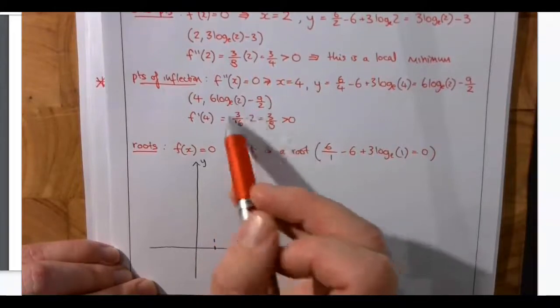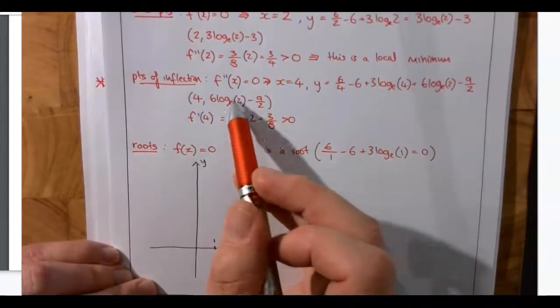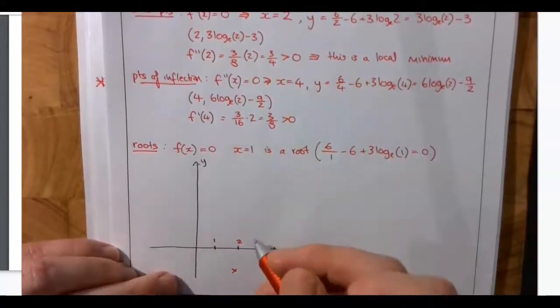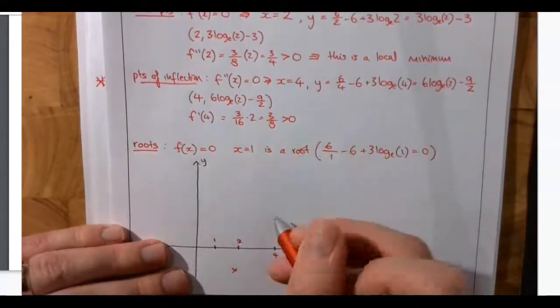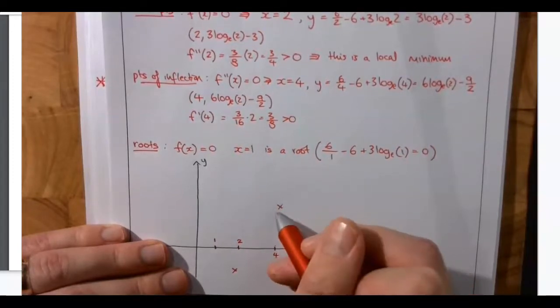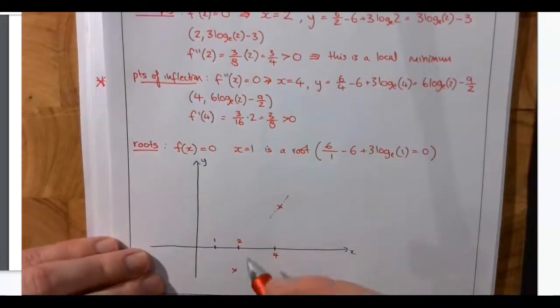At this point, perhaps it is fairer for us to have a calculator to be able to evaluate some of these coordinates. But we're going to have a point of inflection here, and we knew that we had a positive gradient, so I could draw the tangent on.